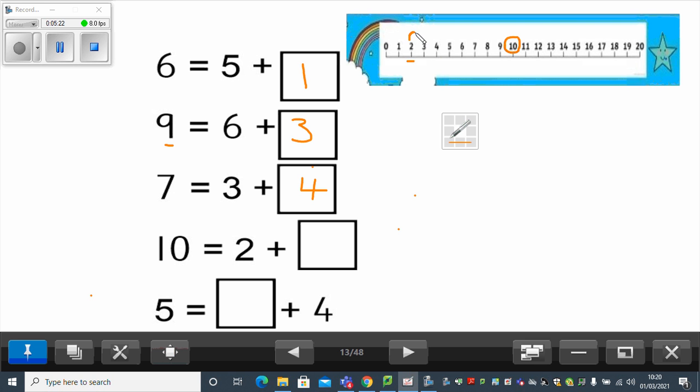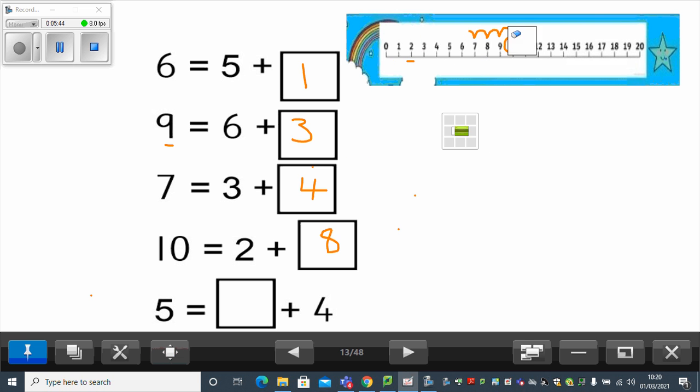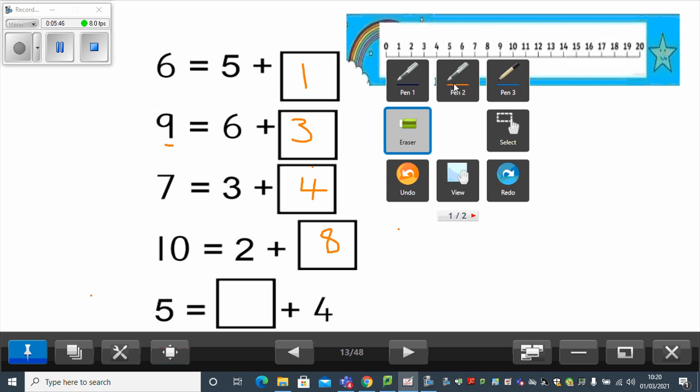Ready? 1, 2, 3, 4, 5, 6, 7, 8. So 2 add 8 equals 10, or 10 equals 2 add 8. Okay, let's get rid of that, and then we can have a look at the last one.